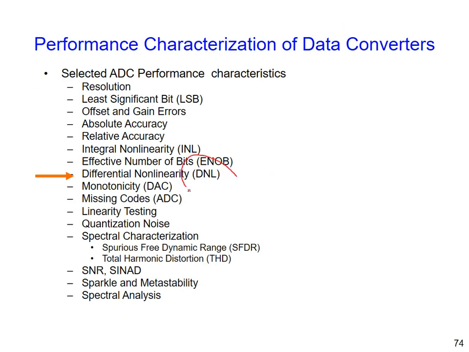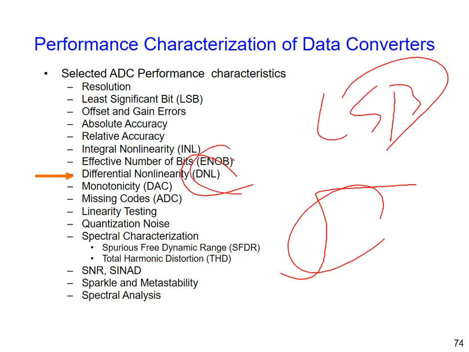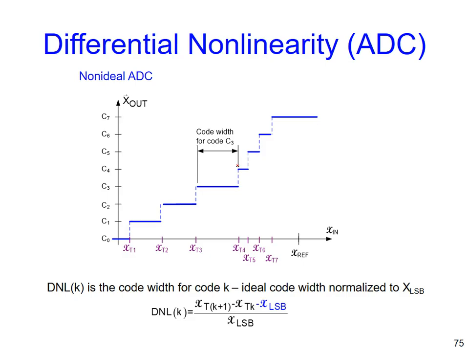And then DNL, I explained already. We only focus on one step. For each step, for each stair, how much difference is there from the ideal value? I mean the ideal LSB. That is the definition of DNL. That is the measurement value. According to the breakpoint definition, the difference between here and there is one step or one stair.